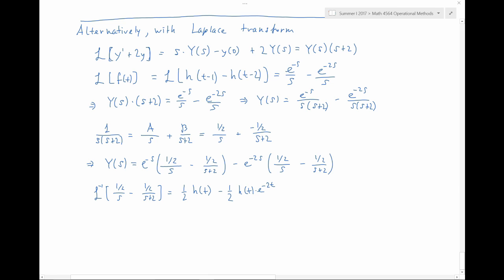The reason I put the Heaviside function on both of the terms is because I know that later on e to the minus s and e to the minus 2s will lead to shifts, and so I'm going to simplify it so that performing those shifts will be easier.